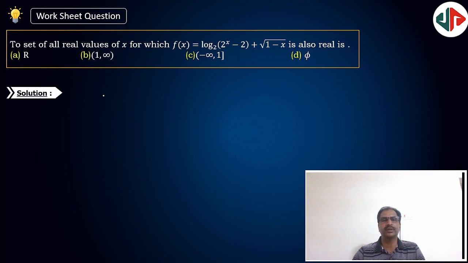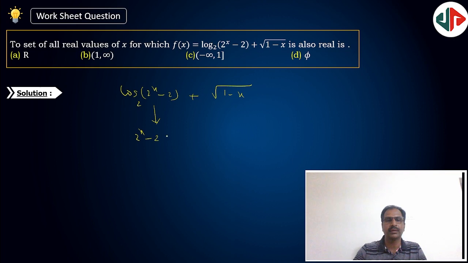Next, the set of real values of x for which the function is real. Indirectly, again, the question is finding domain. As I said, to find domain of sum of two functions, you have to find individual domains and then intersection. When this will be defined? Logarithm is defined only for positive numbers.